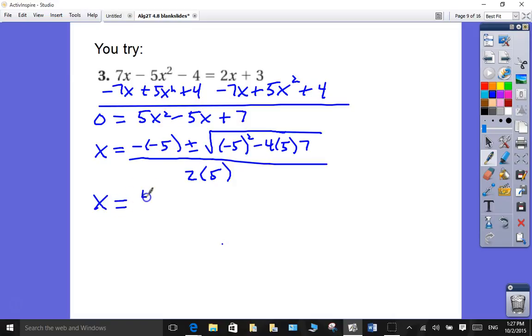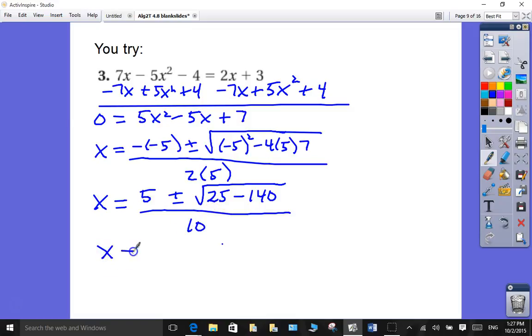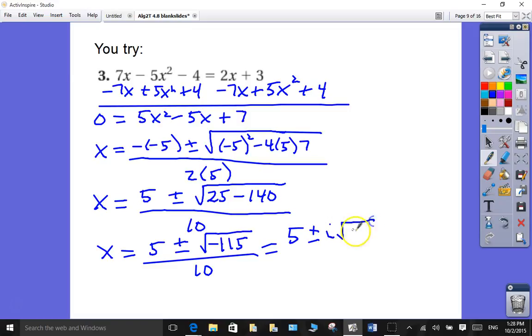X equals 5 plus or minus the square root of 25 minus 4 times 5 times 7, which is 140. So x equals 5 plus or minus the square root of negative 115, which is 5 plus or minus i times the square root of 115.